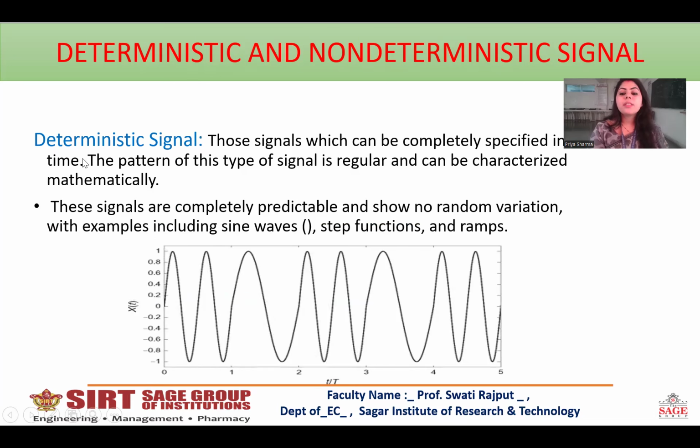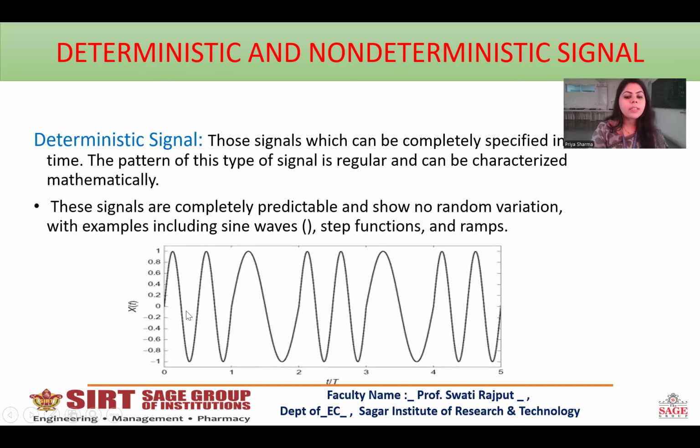Now what is a deterministic signal? Those signals which can be completely specified in time. The pattern of this type of signal is regular and can be characterized mathematically. So here simply we can understand and remember this as deterministic signals are regular signals, as you can see over here.